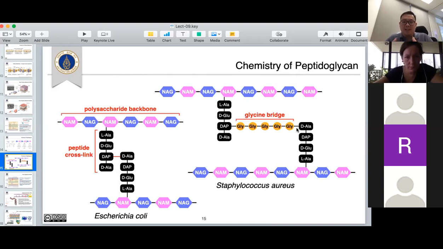But this is not necessarily the characteristic of gram-positive and gram-negative, because peptidoglycan is well studied only in E. coli and Staph aureus. So we know in detail just those 2 species. But we assume the other gram-positives should be like this. The number of glycines may vary between gram-positive bacteria, but gram-negative have nothing, all right?